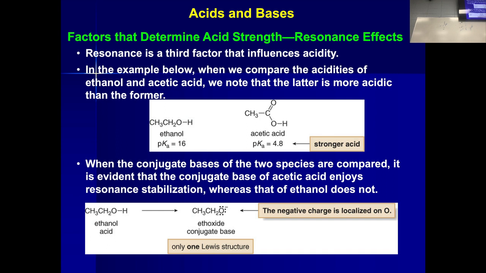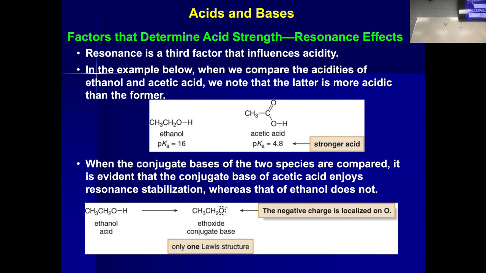And so now that I have another resonance structure, that's why this is more stable. The more resonance structures you can draw for something, the more stable it is. It's like delocalizing those electrons over a larger area, just like when we were going down a family, right? If I take a negative charge and I spread it out over a larger volume of space, that stabilizes it.